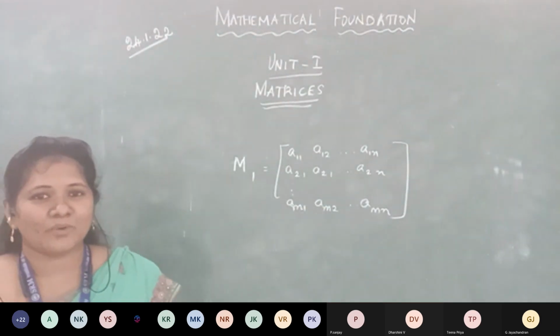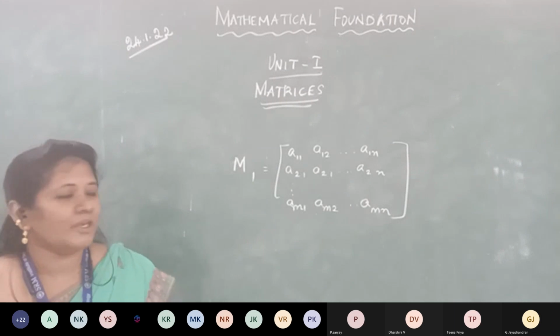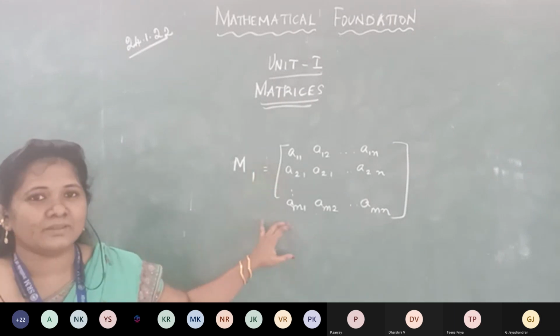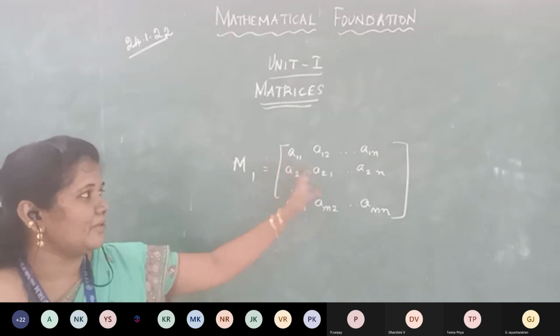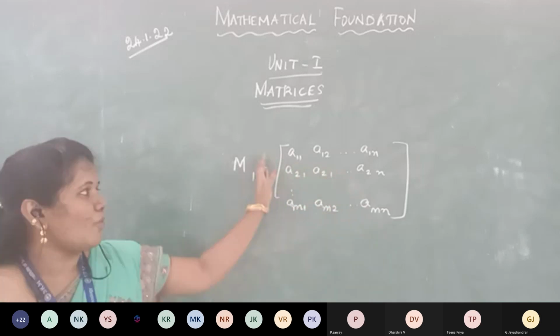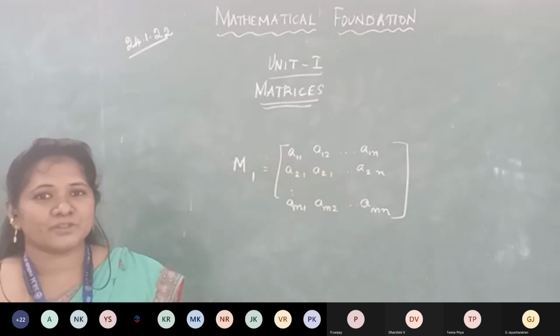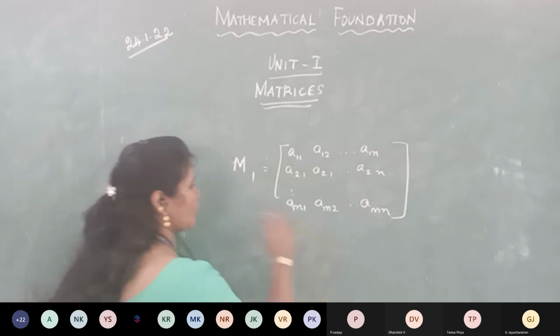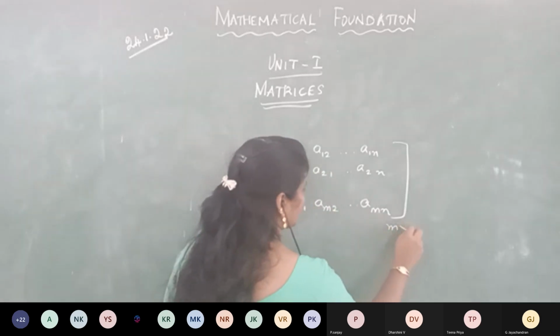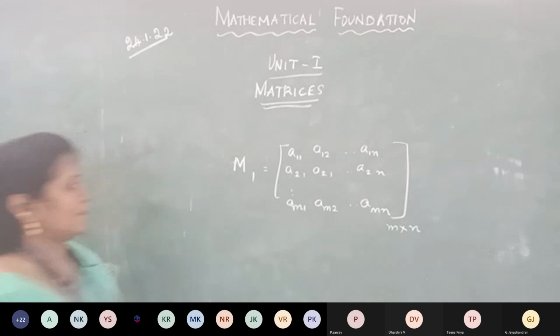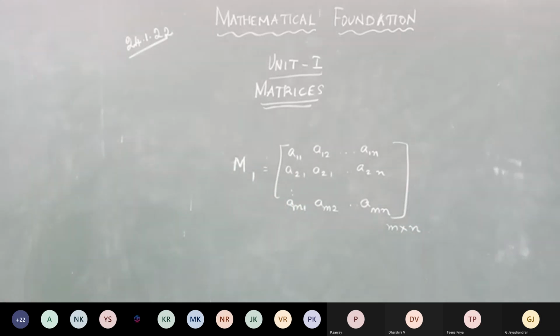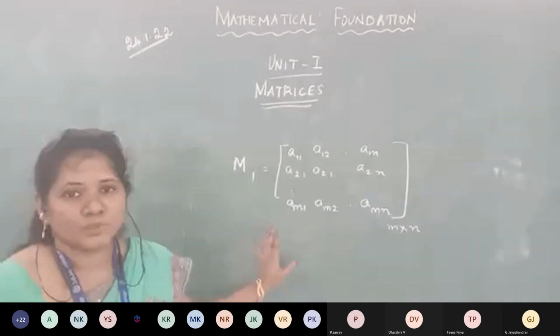So in this, how will you write your order? Your order will be how many ever rows there are, cross how many ever columns there are. So how do you write this order? It will be M cross N. The order of the matrix is M cross N, and this will be the matrix.